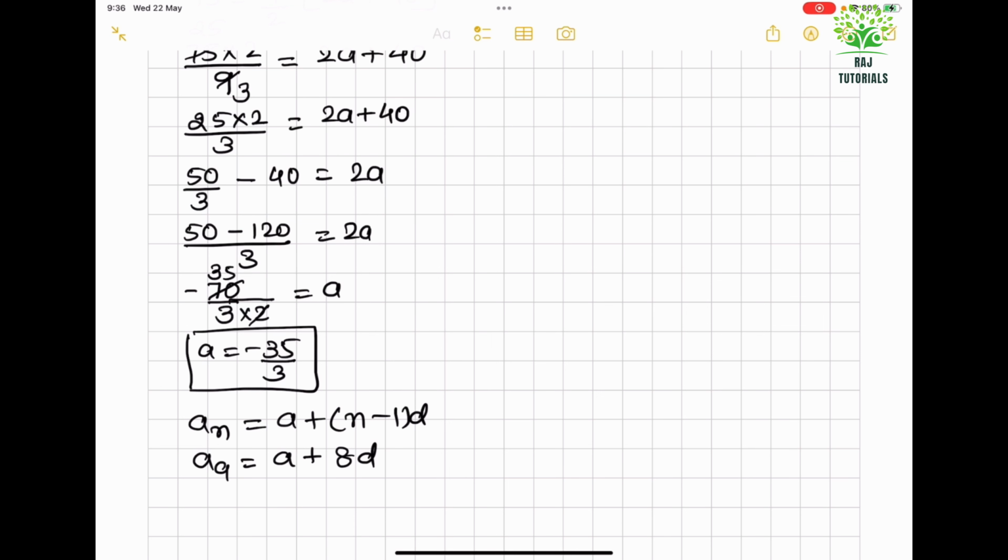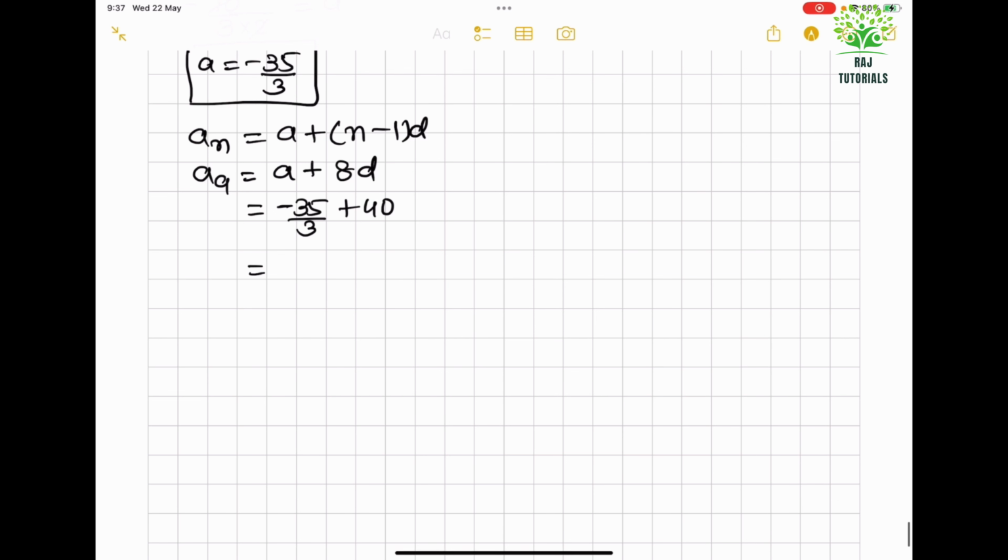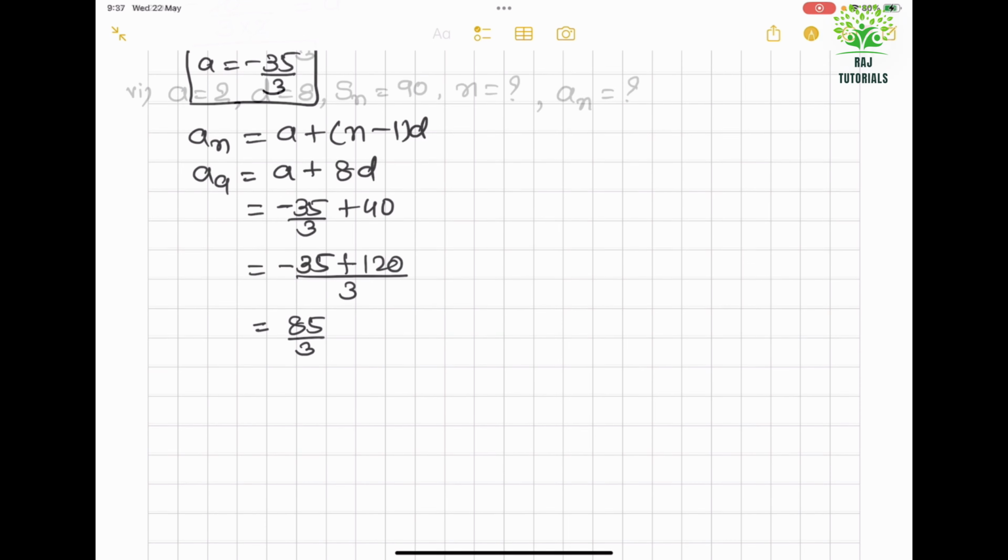So a9 is minus 35 by 3 plus 40. So that will be minus 35 plus 120 upon 3. So that is coming to 85 by 3.